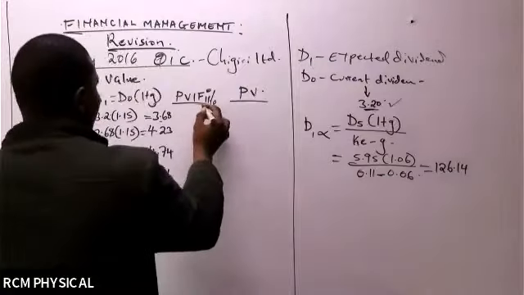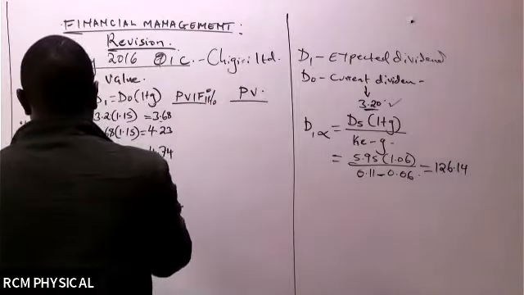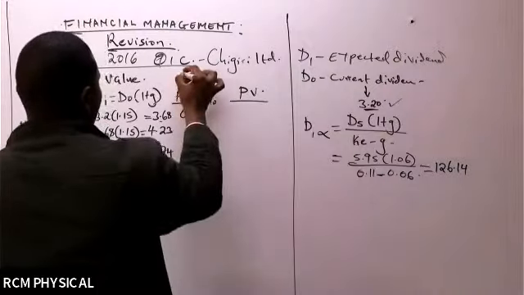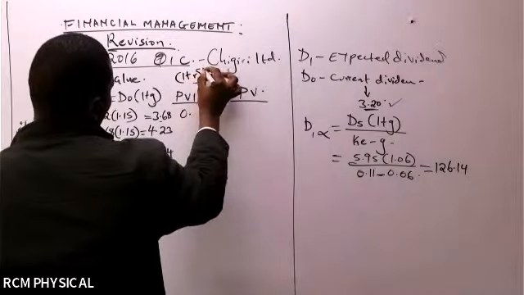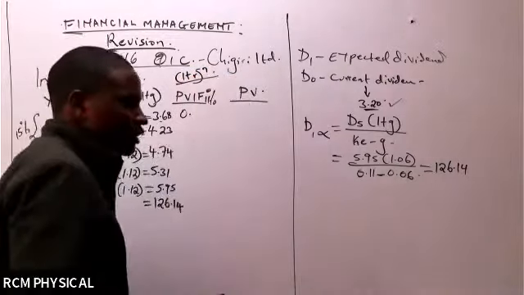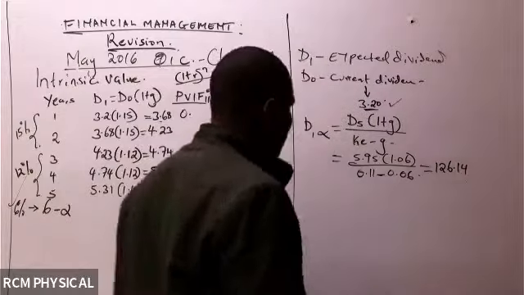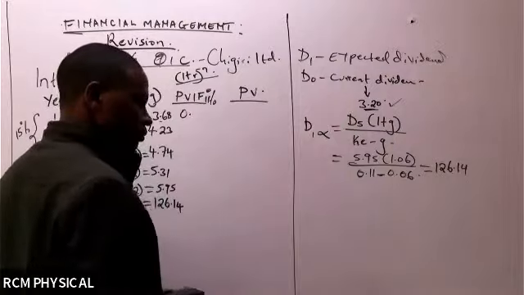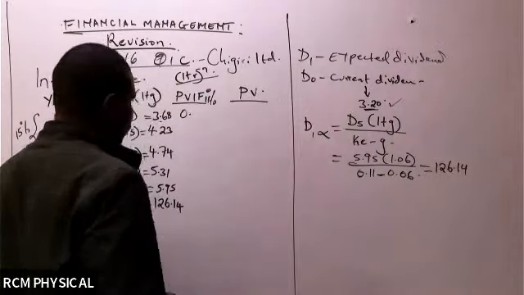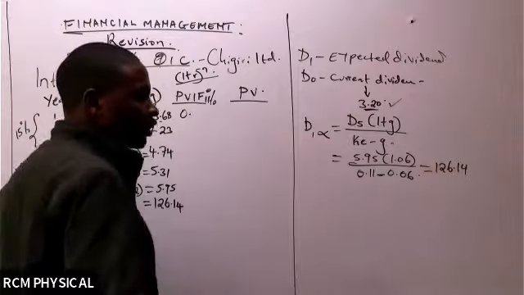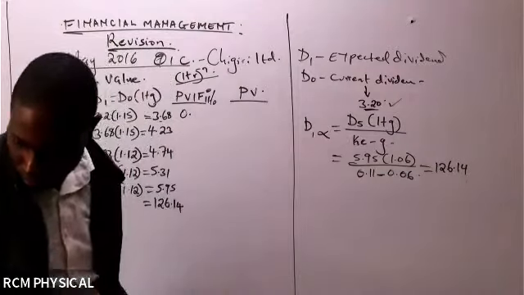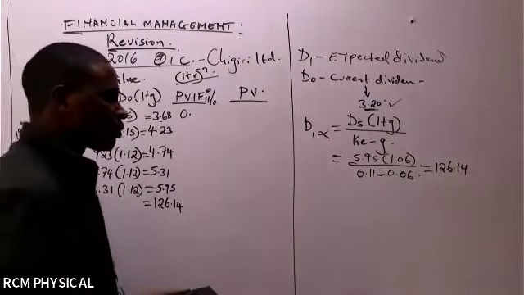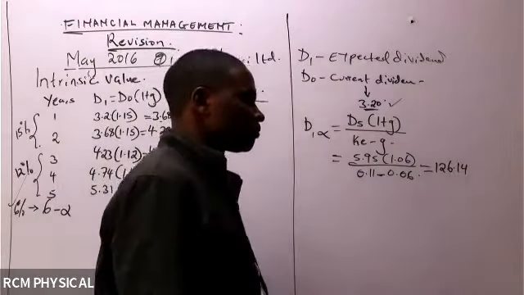Asante. Now, let's get the PV at 11% for year 1 to the 6th year. This is just 1 plus R raised to negative N. Give me the first one, to 4 decimal places.